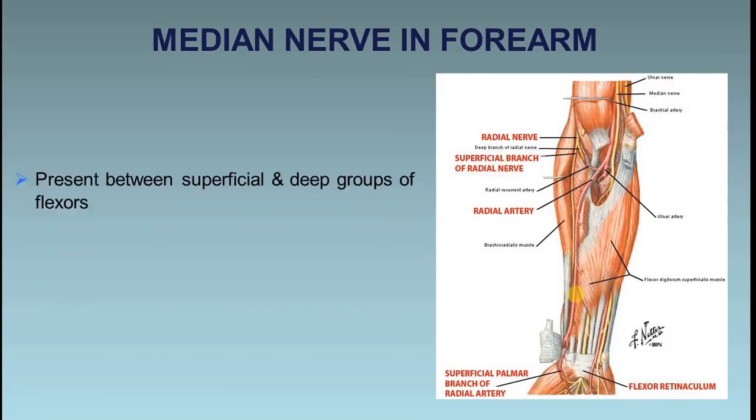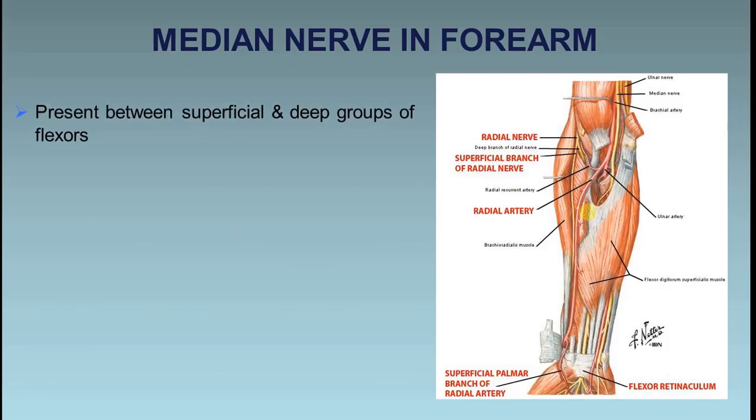Now, after passing between the two heads, it is present between the superficial and deep group of flexors. Here you see the flexor digitorum superficialis, and behind you see the flexor digitorum profundus.